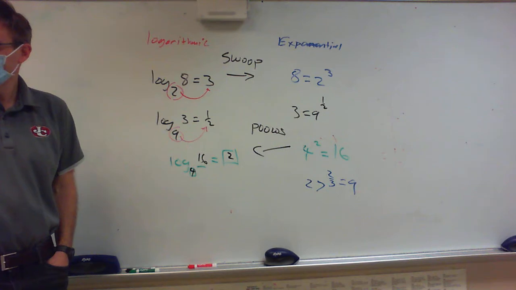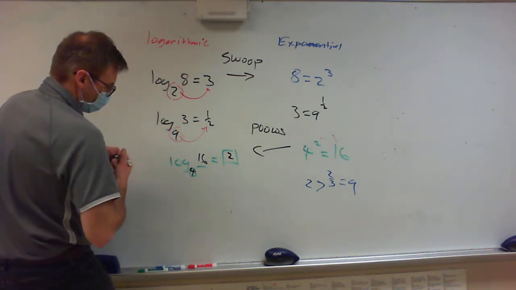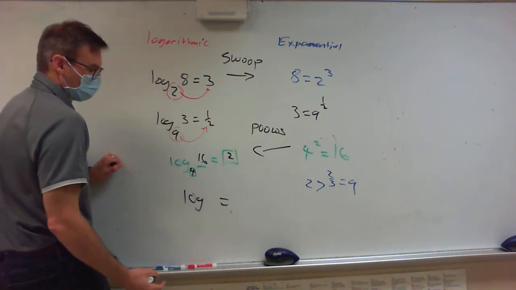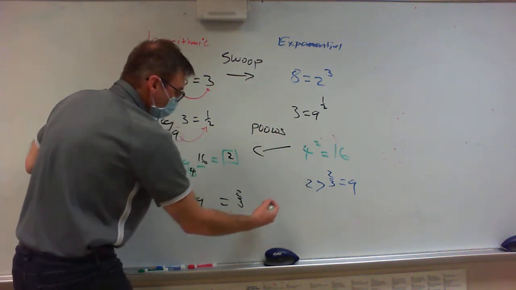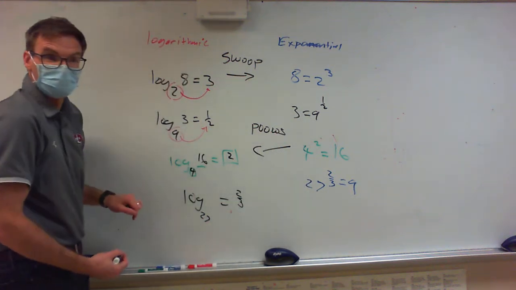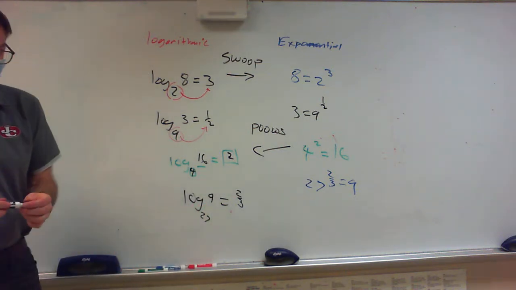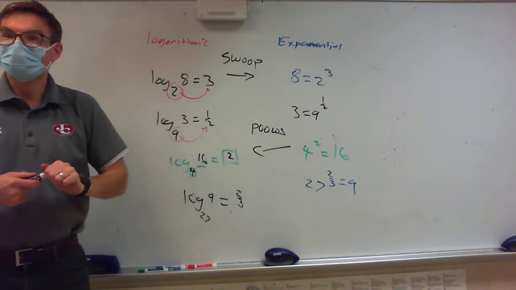Does everybody have it? Okay, so what you should have is, well, let's see, I'm going to write down log. My exponent is 2/3, so I know it's going to equal 2/3. My base is 27, so I'll put a 27 here. And then what's left is 9, and the final check is, if I do swoop, do I get this? And then I know it's right.